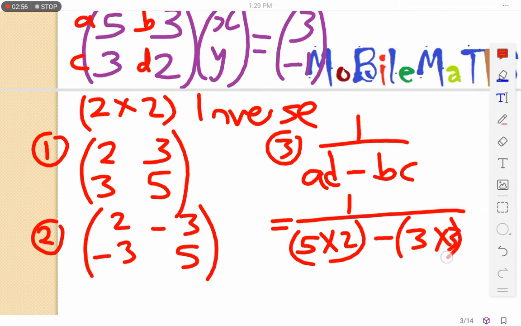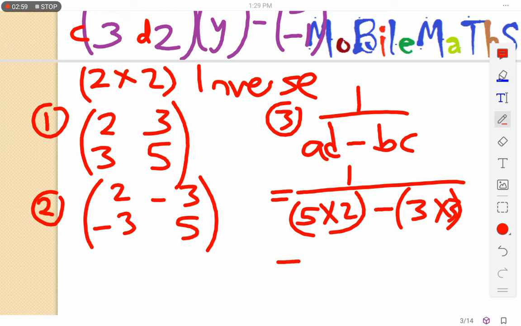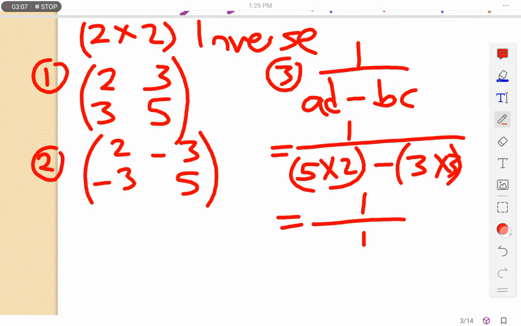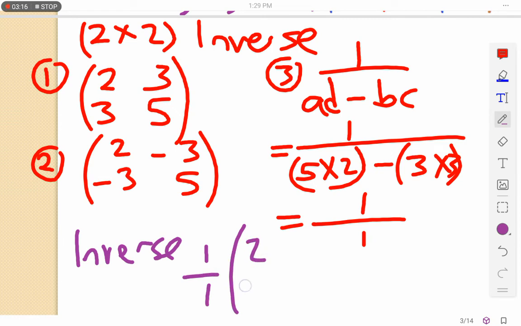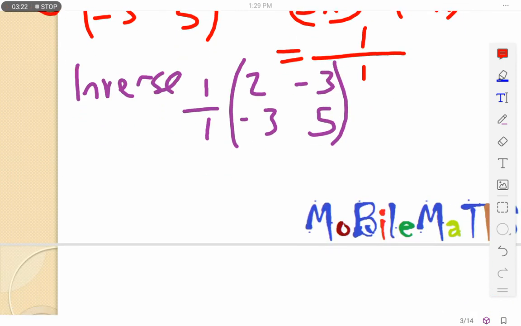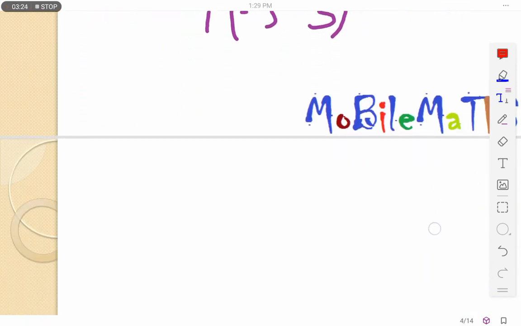If we do that, we get 1 over 10 minus 9, and we get 1. So overall our inverse becomes 1 over 1 times the matrix 2, minus 3, minus 3, 5. That's our inverse. Let's use that inverse in multiplying our matrix.